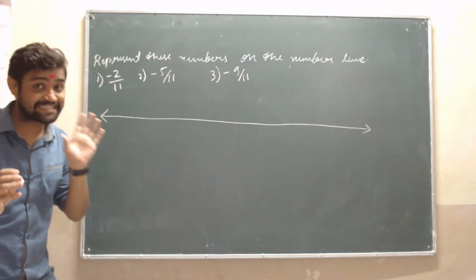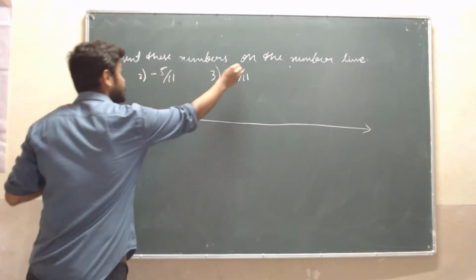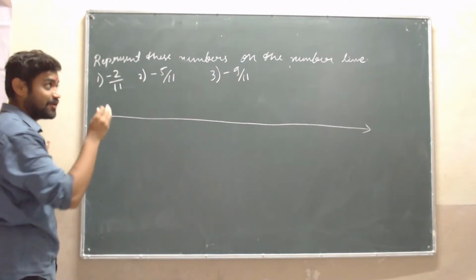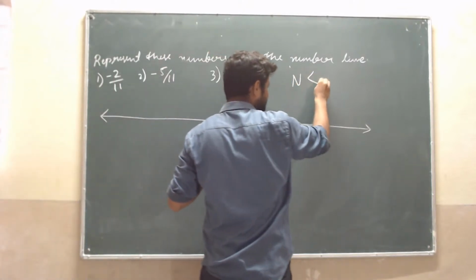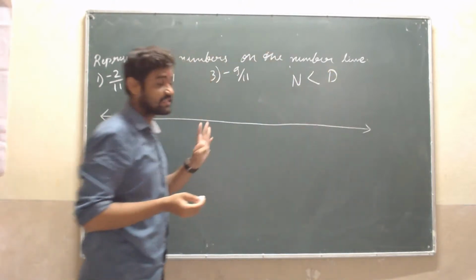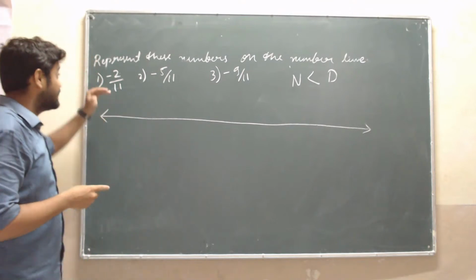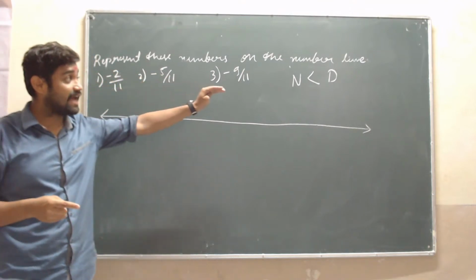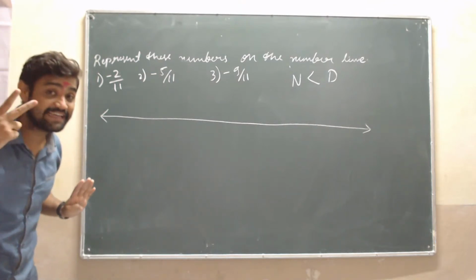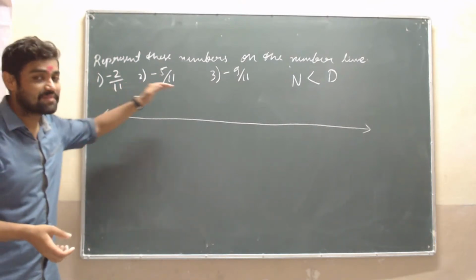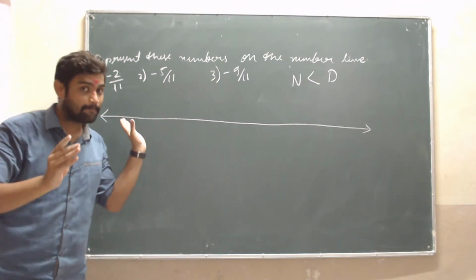First thing, all are negative. Then all these numbers have the numerator smaller than the denominator. Then we can easily say that these numbers lie between 0 and minus 1.